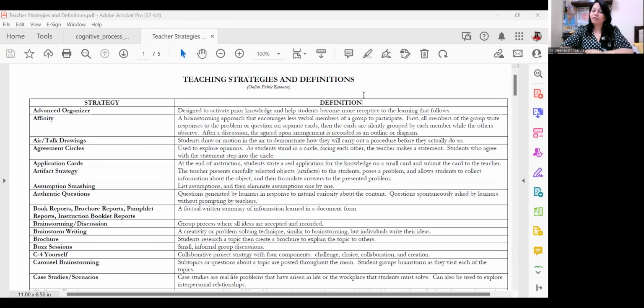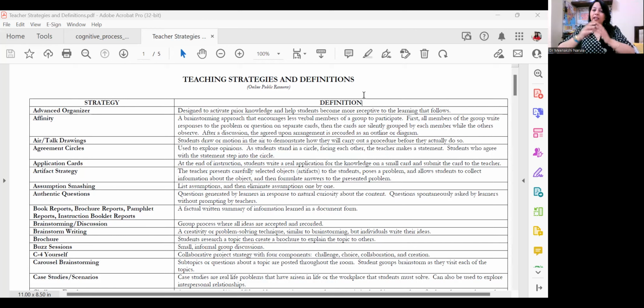The next one is affinity, a brainstorming approach that encourages less verbal members of a group to participate. First, all the members of the group write responses to the problem or question on separate cards. Then the cards are silently grouped by each member while the others observe. After a discussion, the agreement is recorded in an outline or a diagram.